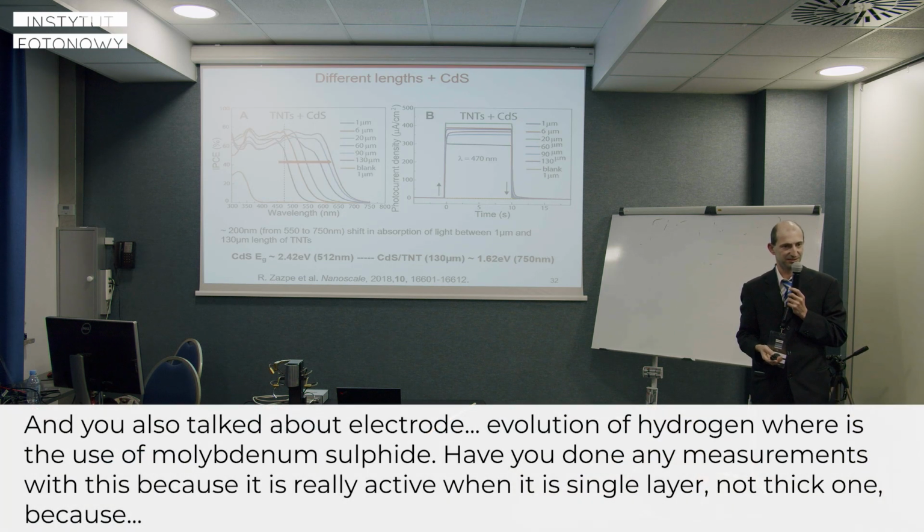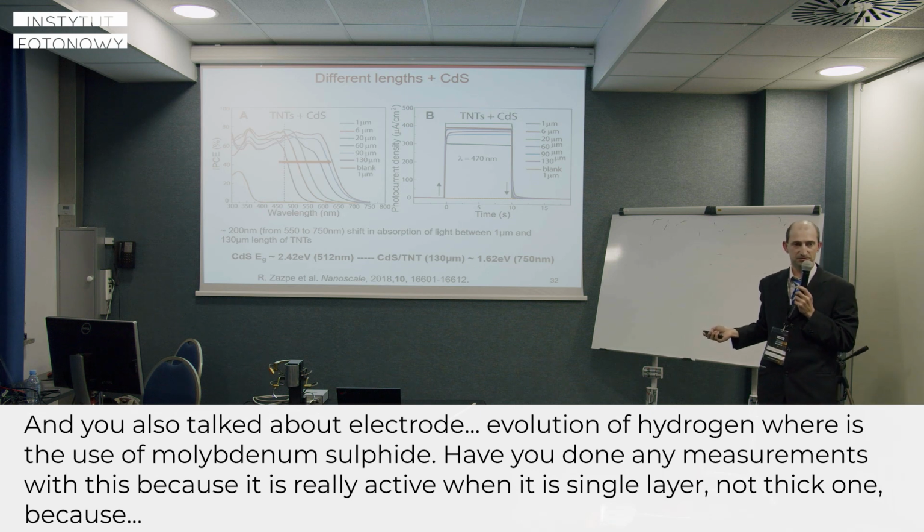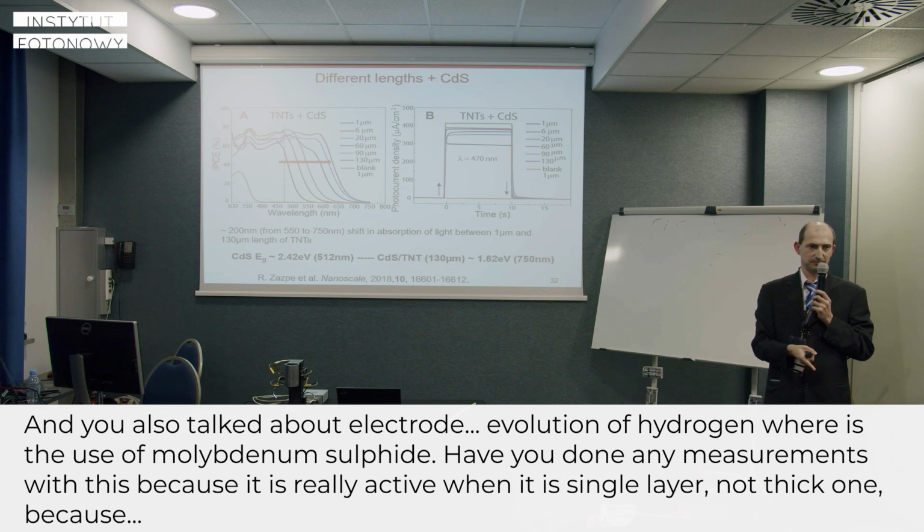Yeah. And you also talked about hydrogen evolution with the use of molybdenum sulfide. Have you done any measurements with this? Because it is really active when it is single layers, not thick ones. You're right.